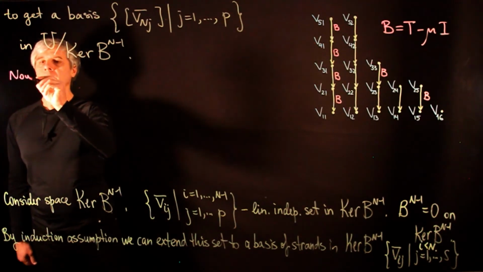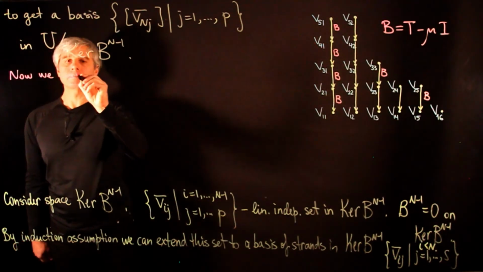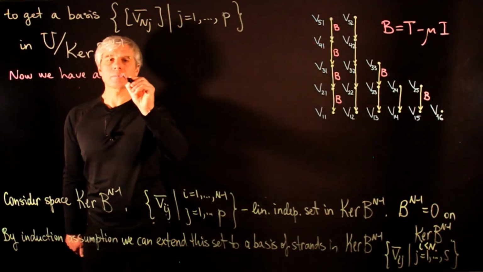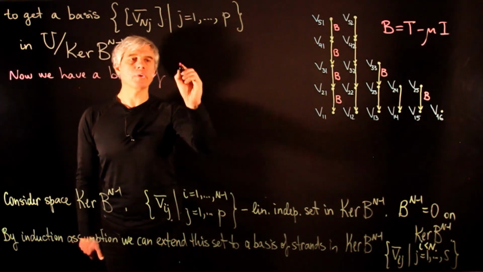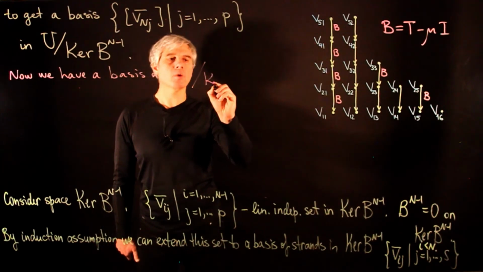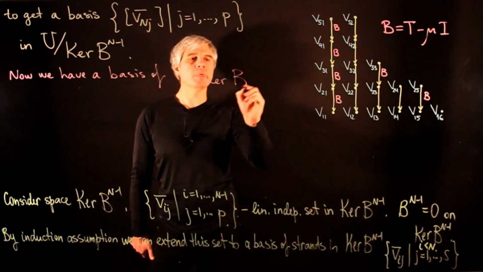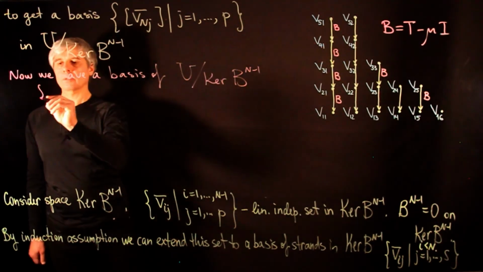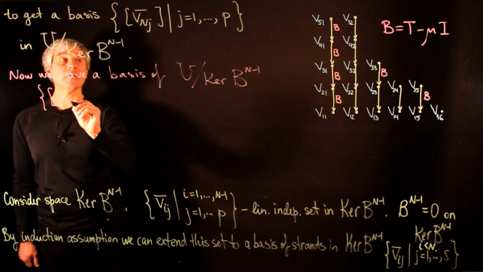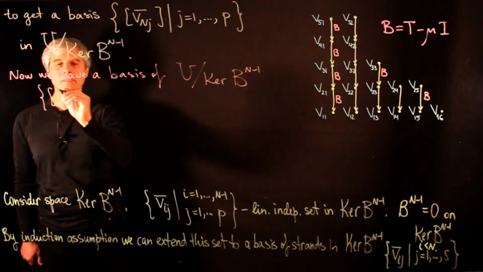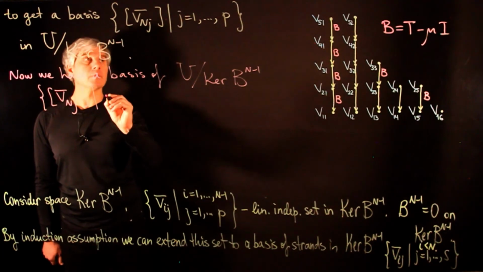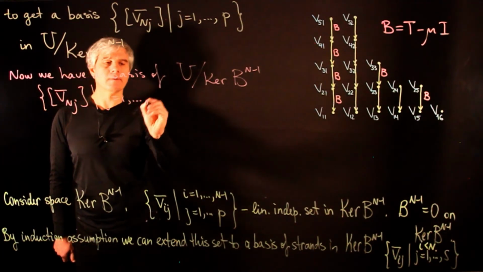Now we have a basis of U quotient by the kernel of B to the n minus 1, which is the set of equivalence classes of v_nj, where j goes from 1 to p.